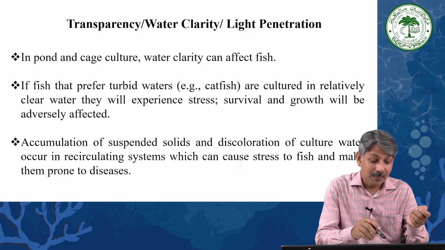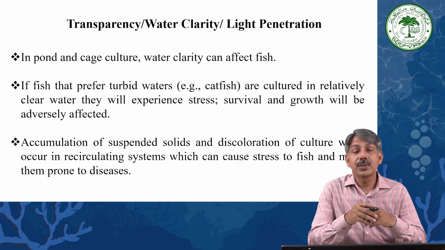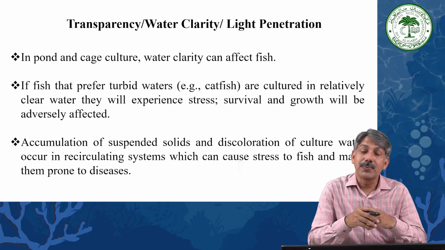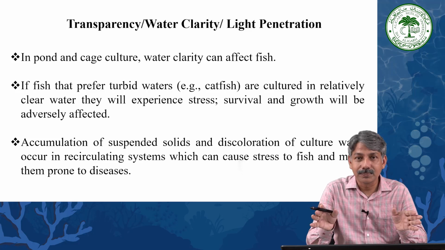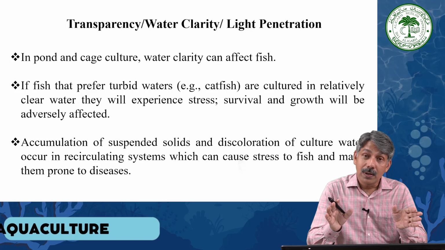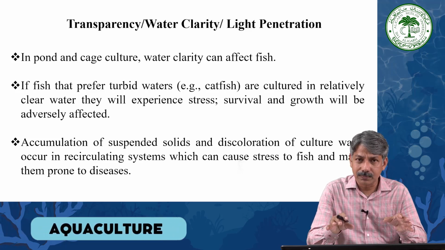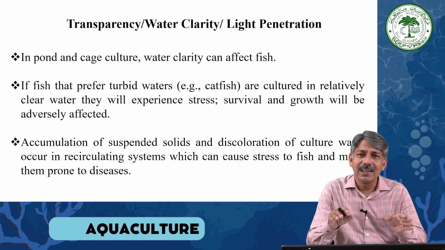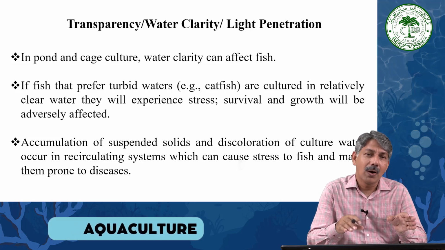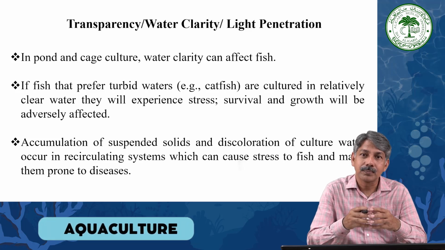How can it? There are certain fishes which may prefer to live in slightly turbid waters. The reason for that turbidity may be different. Now, there are certain fishes which prefer to live in very clean water. When the water is turbid, that means it may be having a little less oxygen, or sometimes because of some pollutants or contaminants.